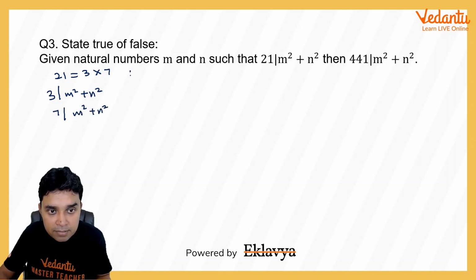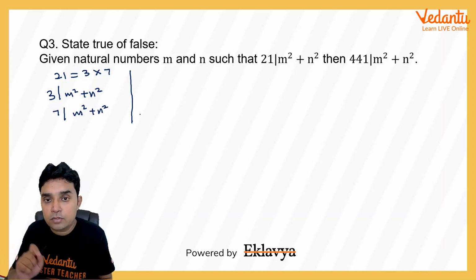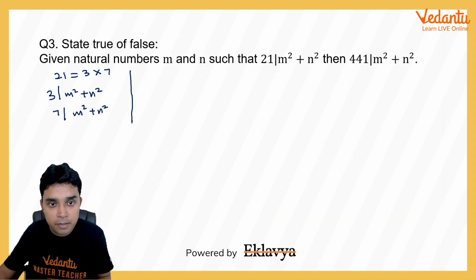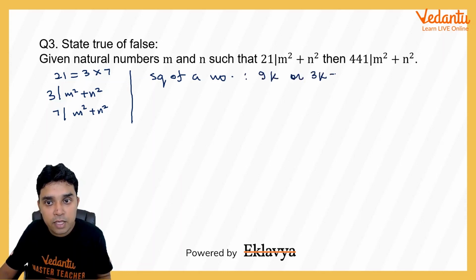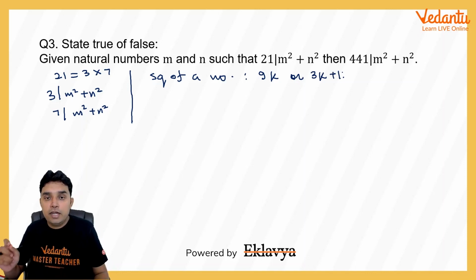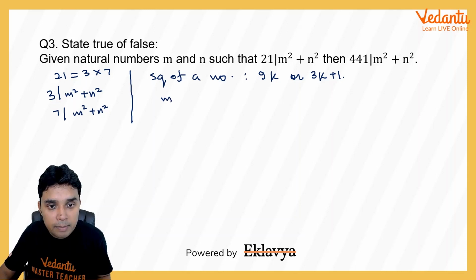Now, please remember, I just discussed the properties of the square of a number. You know that the square of a number is of the form either 9k or 3k plus 1, if we look from the point of view of dividing by 3. Suppose your m square is 3k plus 1.